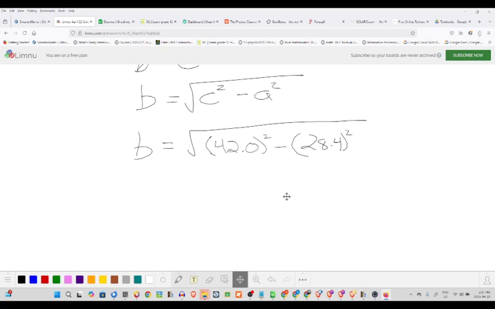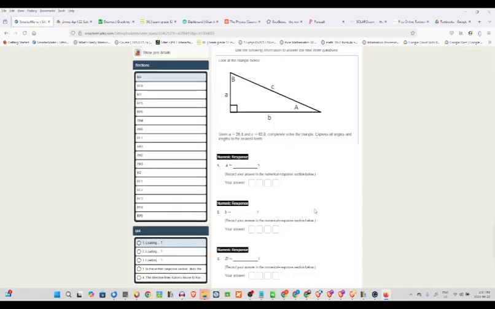So with this, the square root, we can now go to our calculator. Square root of 42 squared minus 28.4 squared. That works out to 30.9. So this is 30.9 units for length B.